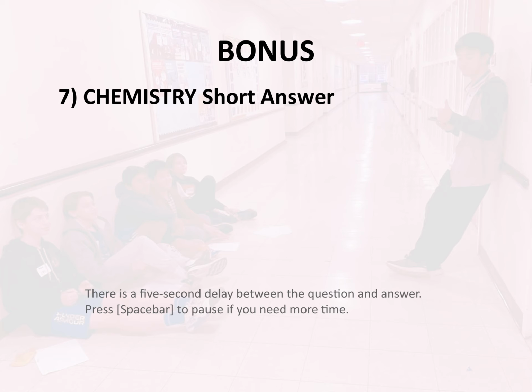Bonus 7. Chemistry. Short answer. The molecule 2E,4Z,6E-2,4,6-octatriene can isomerize to cis-5,6-dimethyl-1,3-cyclohexadiene. Identify 1. The family of pericyclic reactions for this particular isomerization, 2.